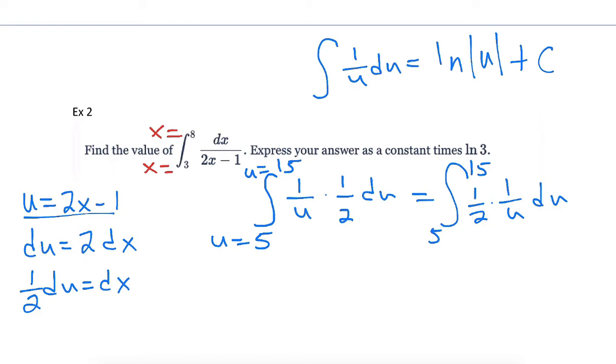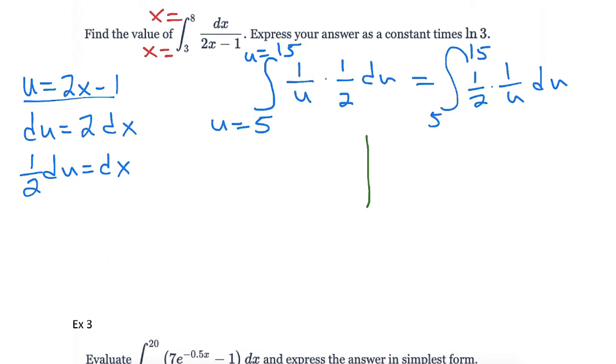Now we can integrate this. The 1/2 is just a constant. It's going to come along with the integral process. We aren't going to change that. The 1 over u becomes the natural log of u. So if we integrate this, we would have 1/2 the natural log of u evaluated from 5 to 15.